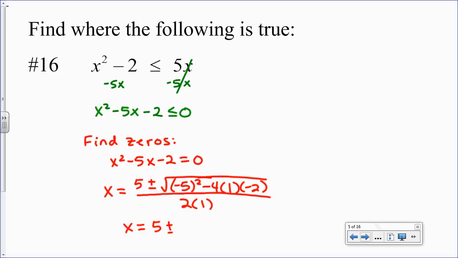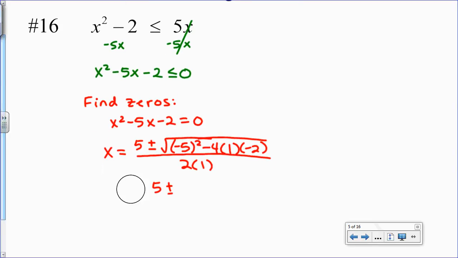All right, we're not graphing, we're not doing a word problem, so we need exact answers. So calculate just what's under the radical first. Okay, so square root, you should get 33. Okay, over 2. So is square root of 33, is that an imaginary number?